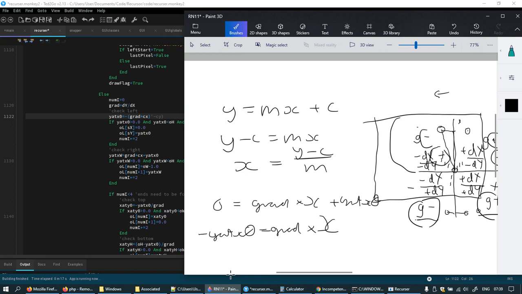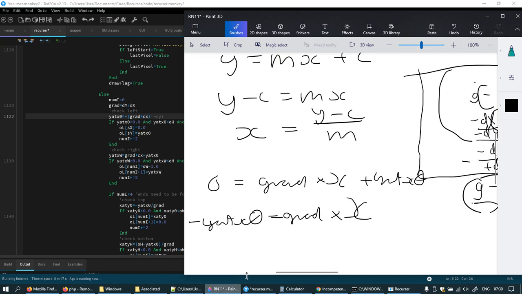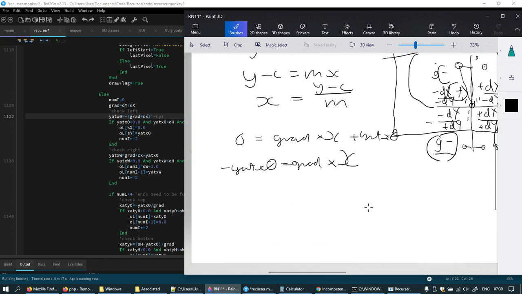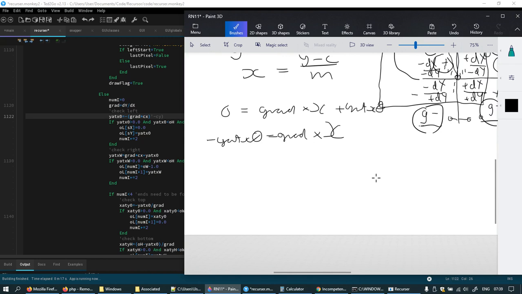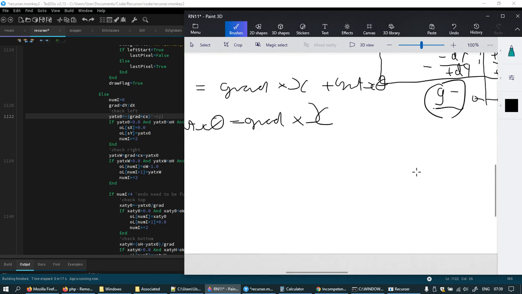It's crazy how, through never quite learning it in the first place and never really using it very much afterwards, the maths just goes. I know the gradient. I know an xy position. I want to know y at x0. And to me, the y at x0 is c. That's my memory of it.